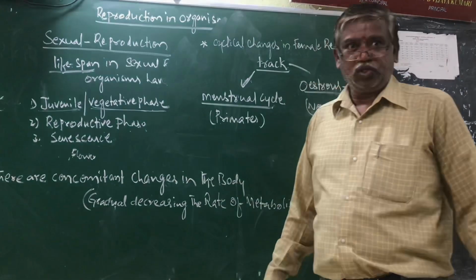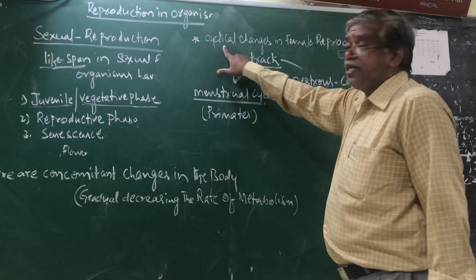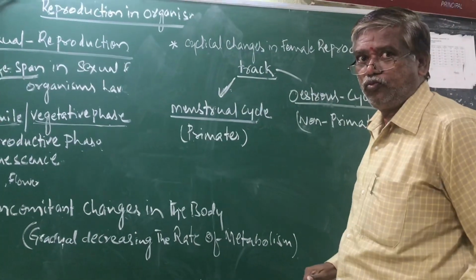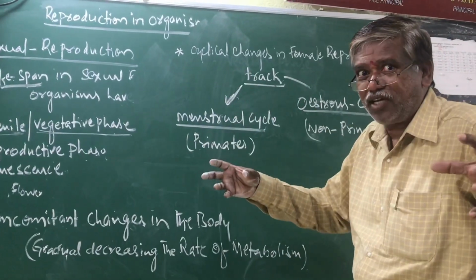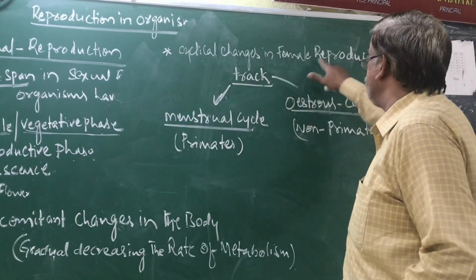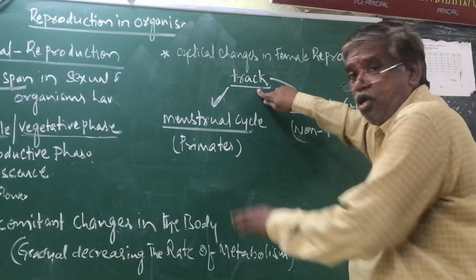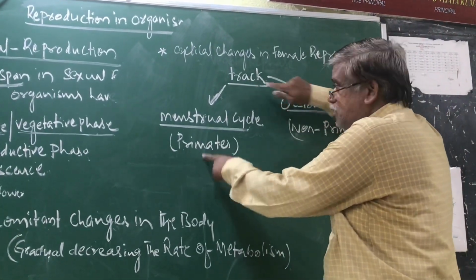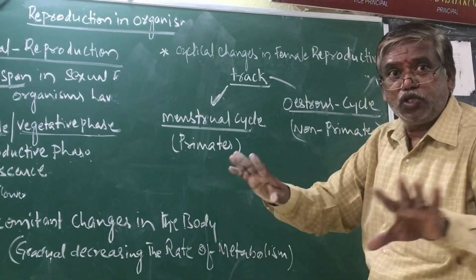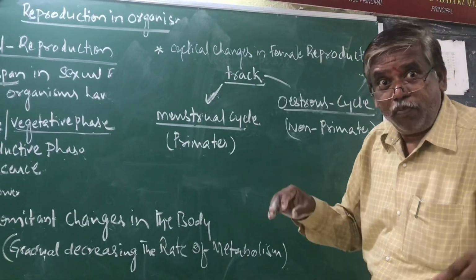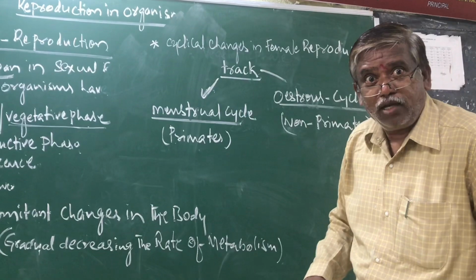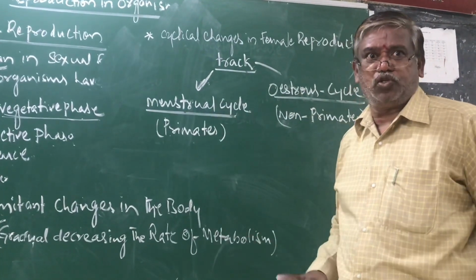Now, cyclical changes in the female reproductive tract, not the female reproductive organ. Cyclical changes in the female reproductive tract in primates is called the menstrual cycle. That means the menstrual cycle takes place only in primates, and in primates only in females, in the entire female reproductive system.